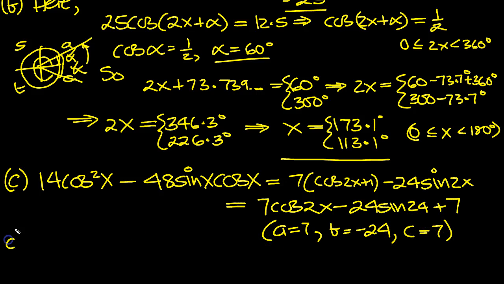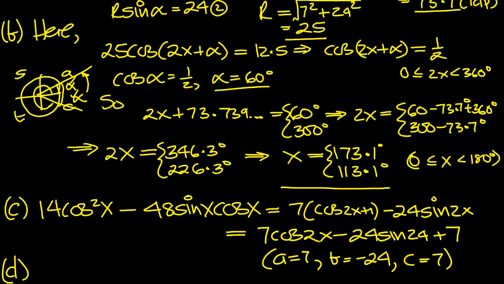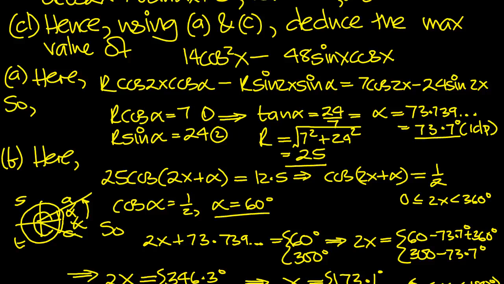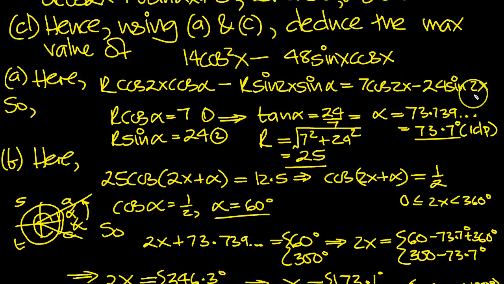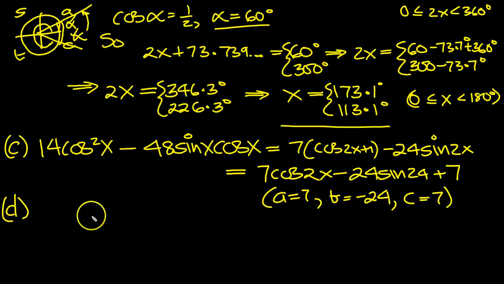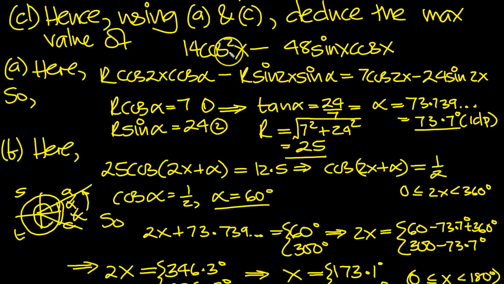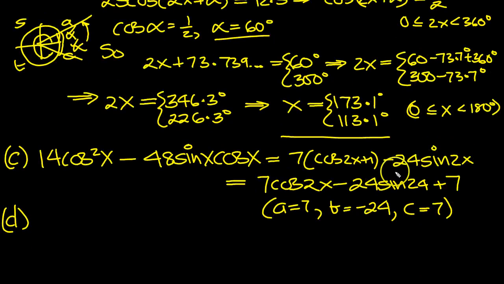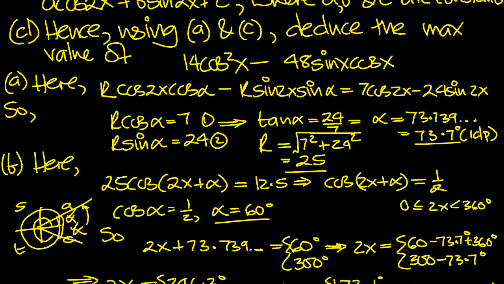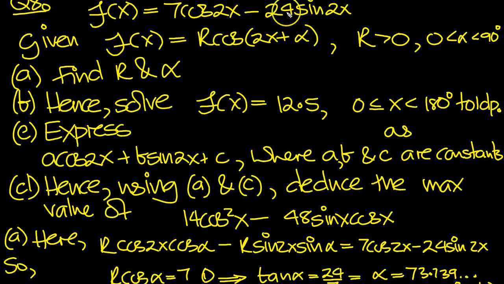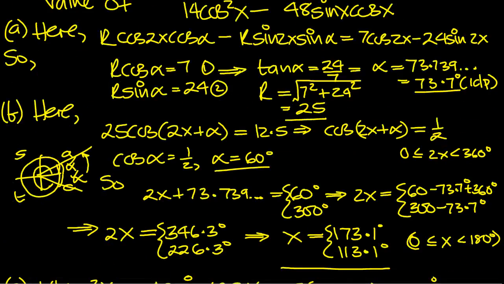Okay, now part D, let's have a look at that. Last part, using A and C to deduce the maximum value of this. Well, we've just said that this thing here is equal to this, so it can be replaced by what we started with in part A. Here's part A, and that was r cos of 2x plus alpha.